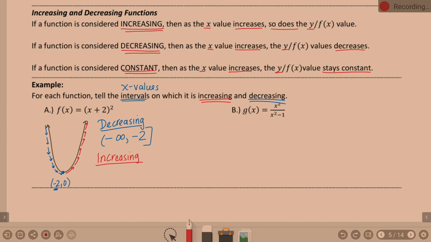At negative 2. How far am I increasing? Infinitely, right? So infinity. Negative 2 again is going to need a bracket, and the reason is because we're touching that. That's a point on the graph. Okay. Questions there?